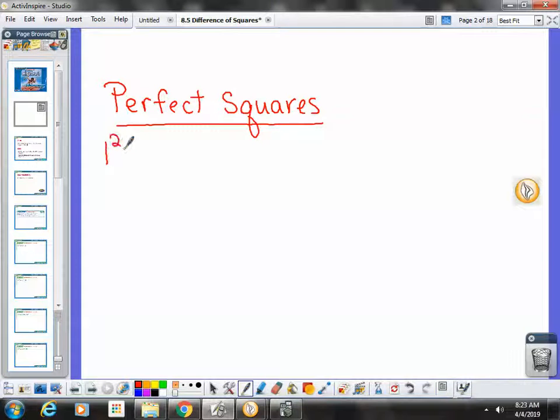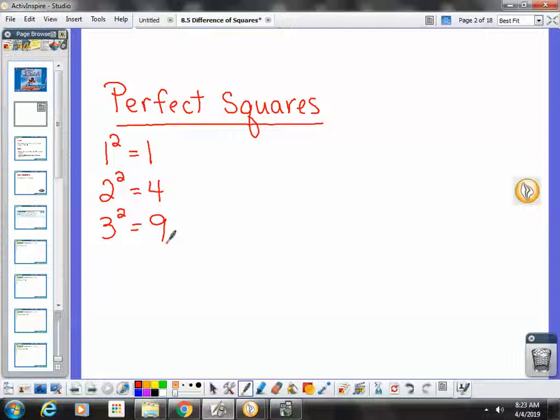What is 1 squared? 1. 1 squared is 1 times 1, or 1. So 1's a perfect square. 2 squared is 4. 3 squared is 9. So 1, 4, 9, these numbers in the right-hand column are my perfect squares.